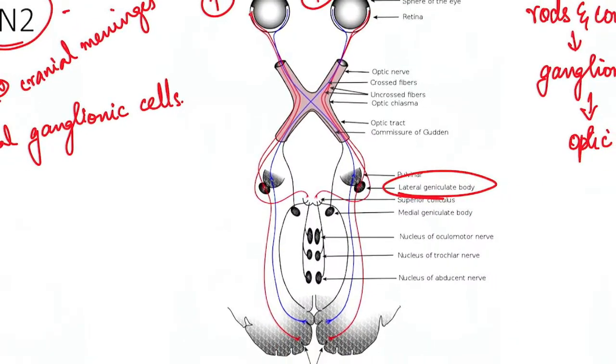Now, the next order neuron will originate from the lateral geniculate body into the visual cortex. Visual cortex is present where? Visual cortex is present in the occipital lobe.